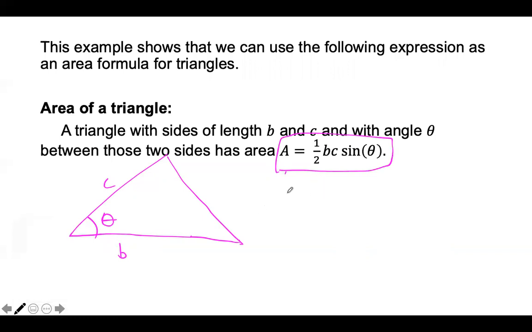But we have to make one little note. So note that it's between B and C. It's not this angle or this angle. It's the angle between those.